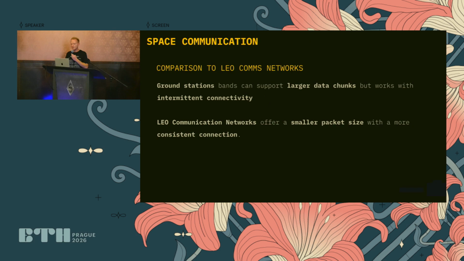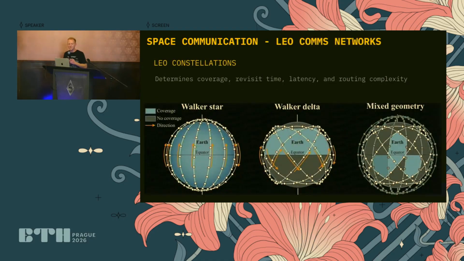Just to mention, the ground stations can handle larger data chunks, but they have intermittent connectivity. If you compare to the LEO networks, we have maybe smaller packets, but a more consistent connection. These are the most common constellations for these networks, basically the layout of how they align on the orbits.